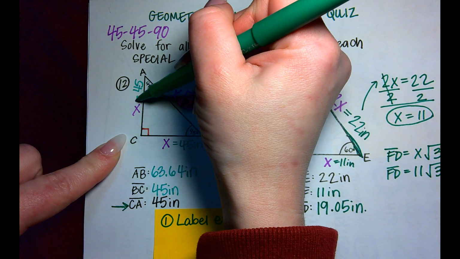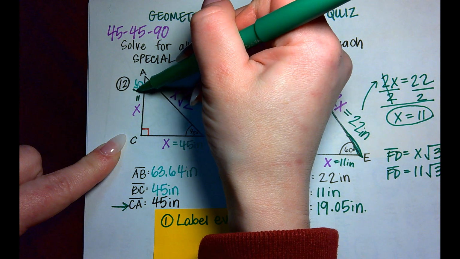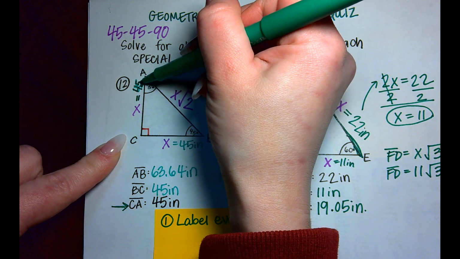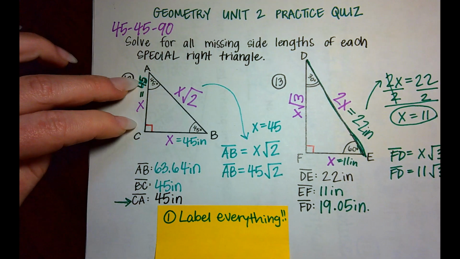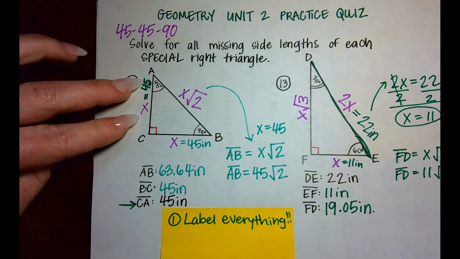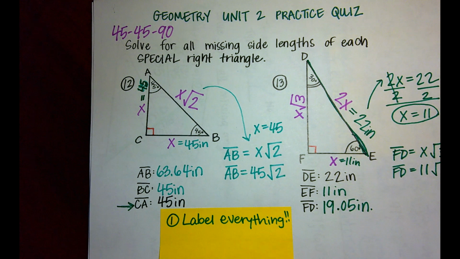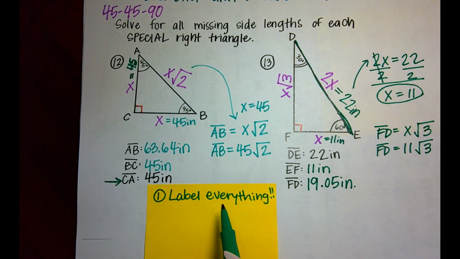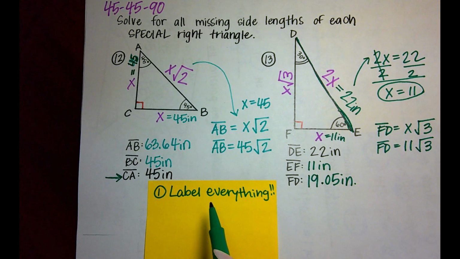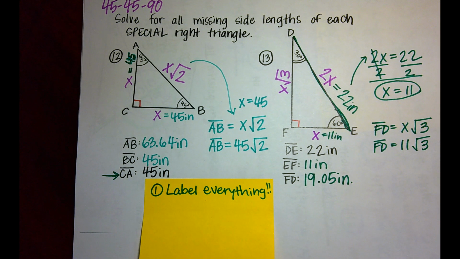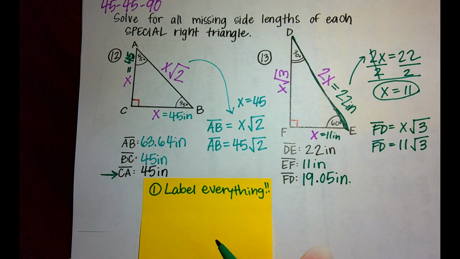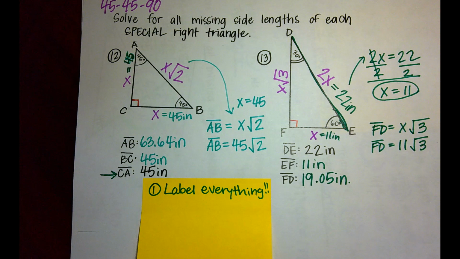So I can say x equals 45. It's just labeling things and seeing, well, if I labeled those the same thing, then they must be the same thing, right? So we're really just labeling what they give us. Well, I guess that wasn't really a guide. Label everything. And that's going to be my note. Label everything.